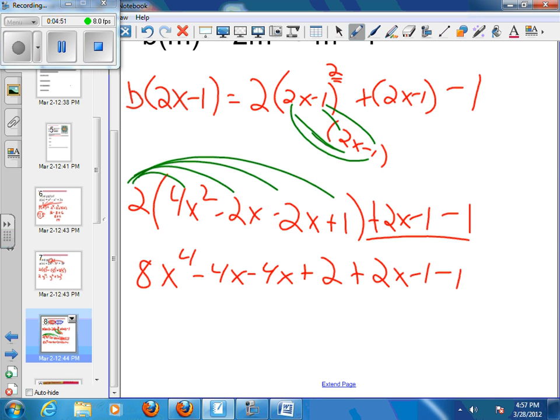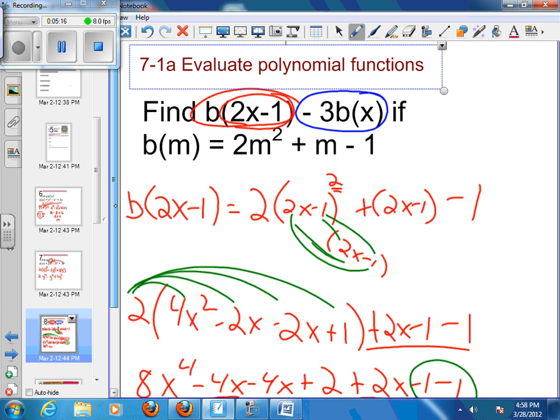Now I can combine all of my like terms. So that's going to be an 8x to the 4th. And then I've got minus 4x plus 2x. So that's going to be minus 8 minus 6x. And then this plus 2 and this minus 1 would make that just kind of drop out. So if I have 2 and I minus 2, I'm at 0. So that takes care of my first part, my b of 2x minus 1.